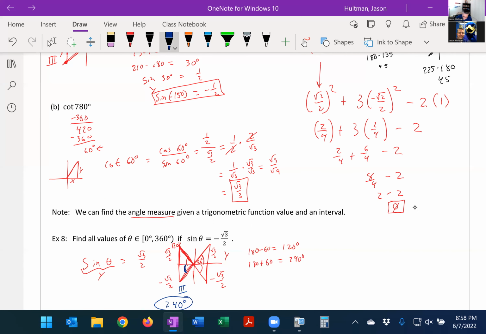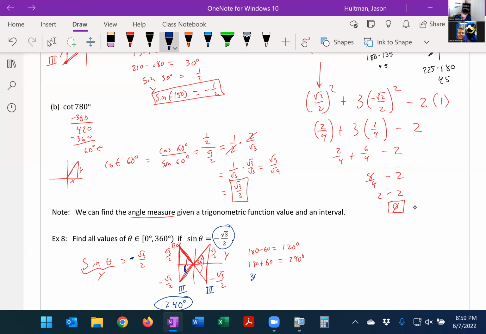The sine of 240 is going to give me a negative. So the sine of what angle is negative? One of the options is 240. However, there is a second option, which is in quadrant 4. How am I going to find the angle that has a reference of 60 but is in the fourth quadrant?